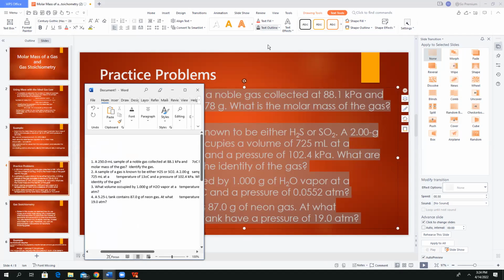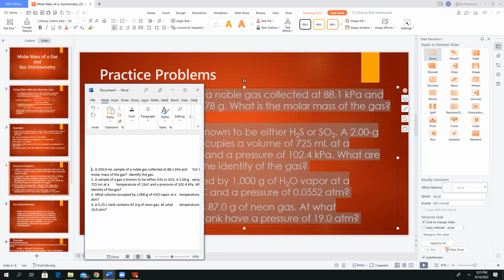So like I said, this is the assignment that you're going to be doing. It's about 6 or 8 problems, I think more like 8. So the first one is ideal gas law, and remember it says using mass with ideal gas law.